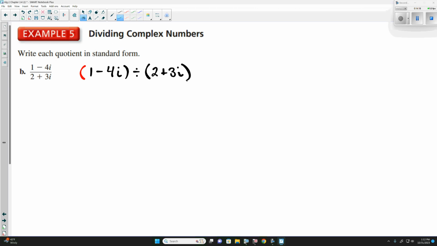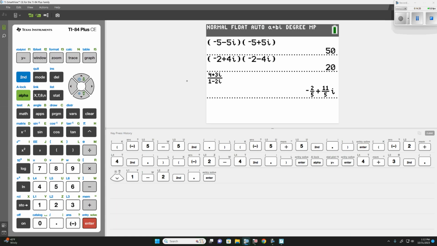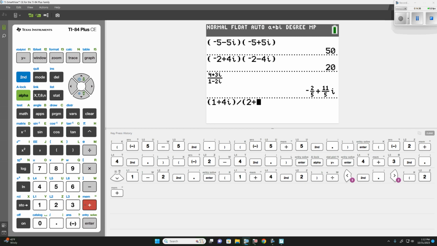So let's try typing it into the calculator that way. 1 plus 4i divided by, second, there we go. So 2 plus 3i? Okay, 2 plus 3i. I couldn't remember what it was. Go ahead and type that in, and hit enter and see what you get.